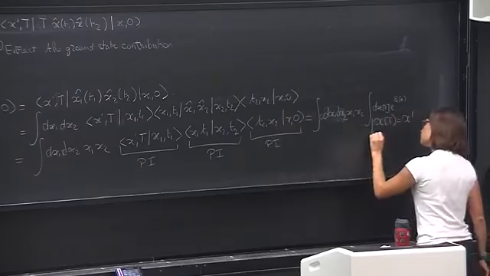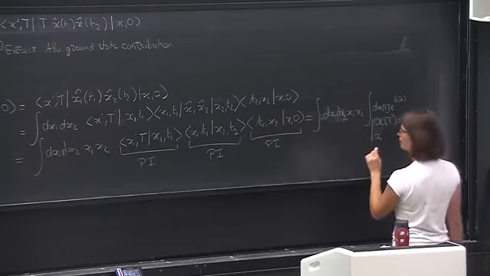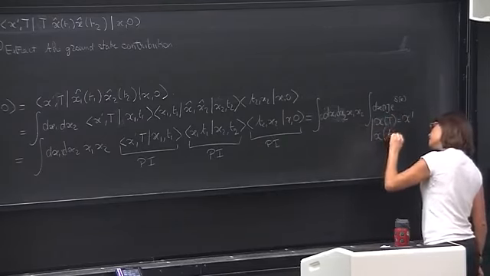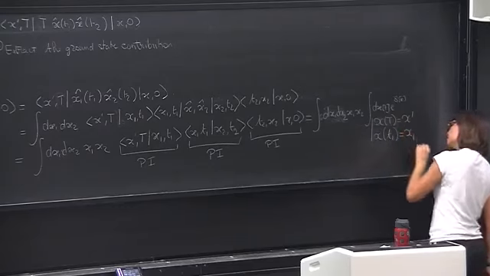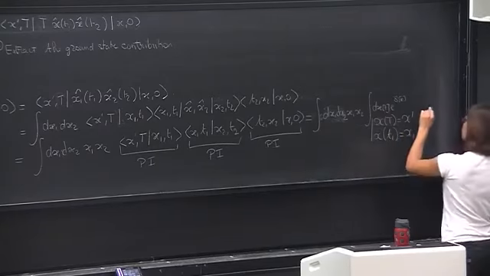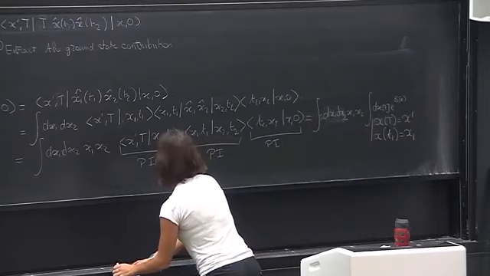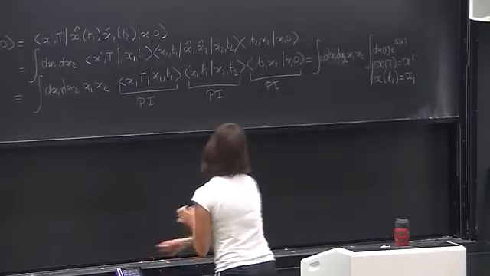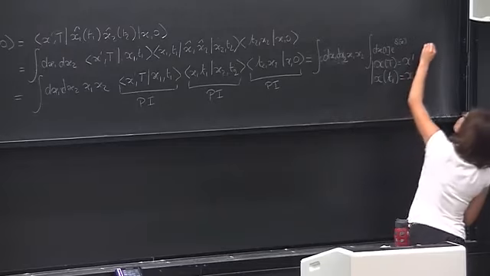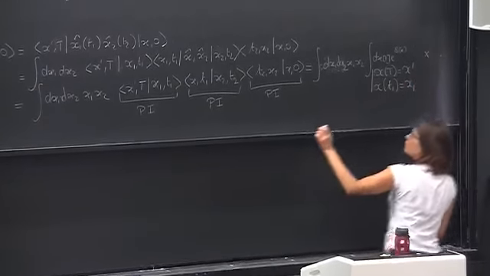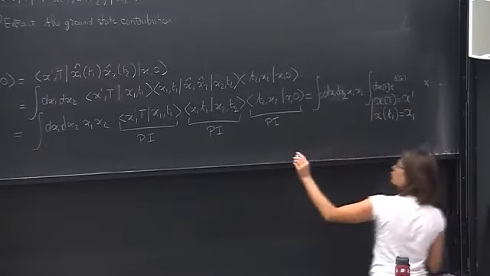And the initial condition was that x at T1 is equal to x1. So this was the first product. Then I still need to add two more, times, and I go in here.